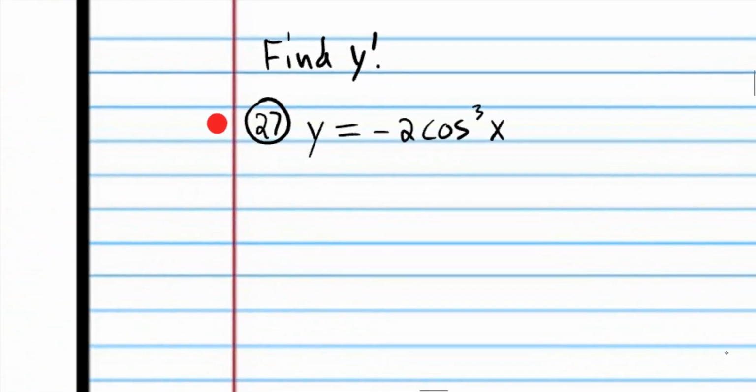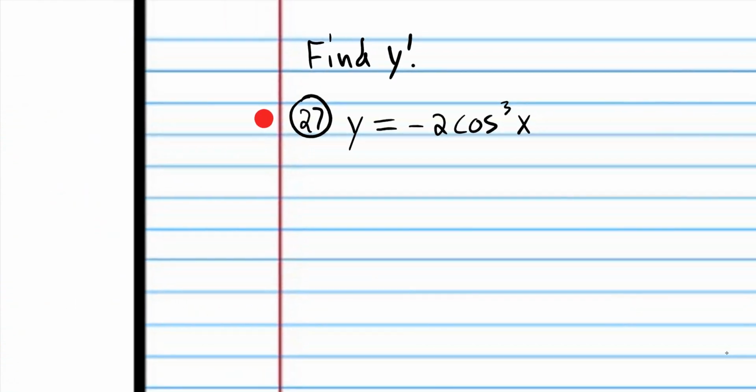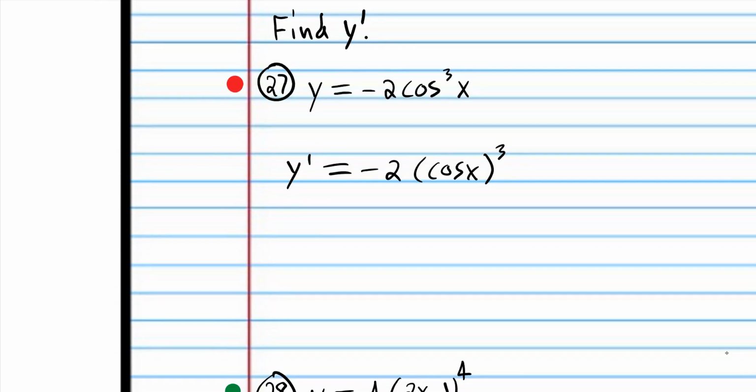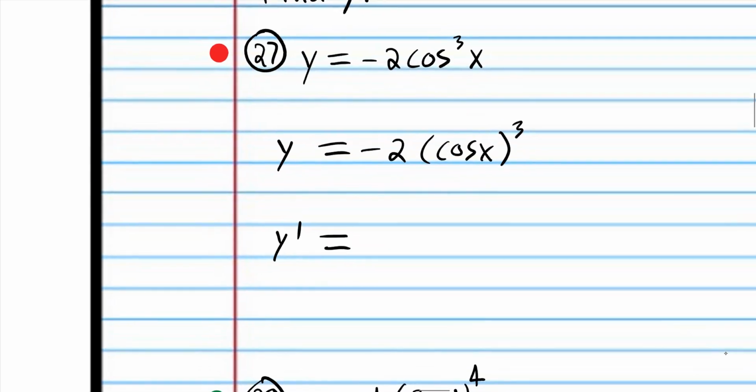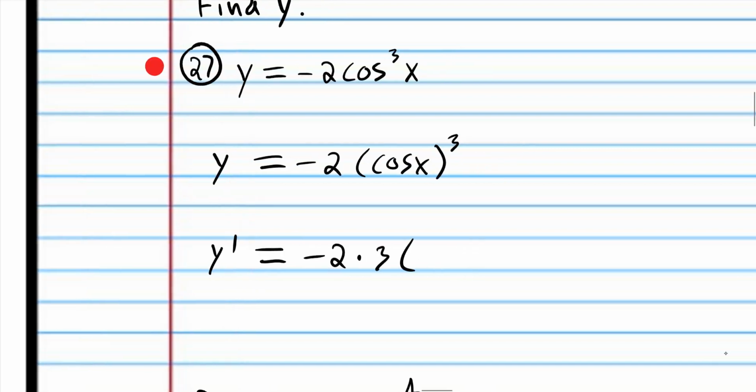So now we have a problem that is very similar to the problems that we just did. Just a slight difference. First, we need to rewrite so we understand what's going on here. That's what that notation actually means. So we're not taking the derivative yet, so I'll take that prime symbol away. So we're going to find the derivative of the outside function, which means we have to bring that 3 down and multiply it into the -2.